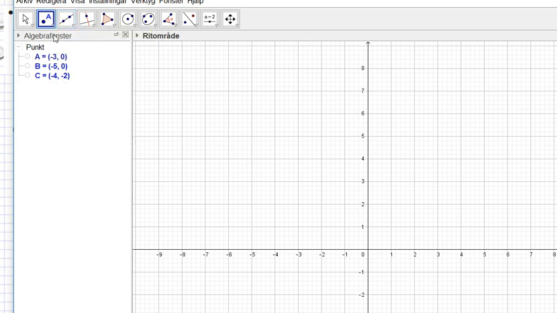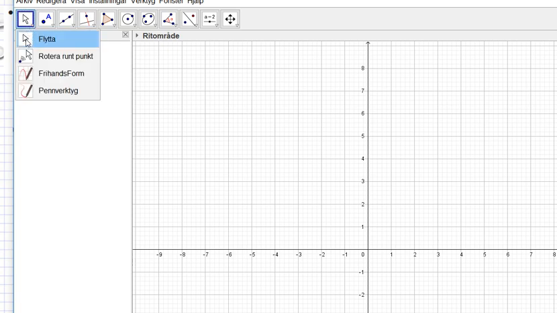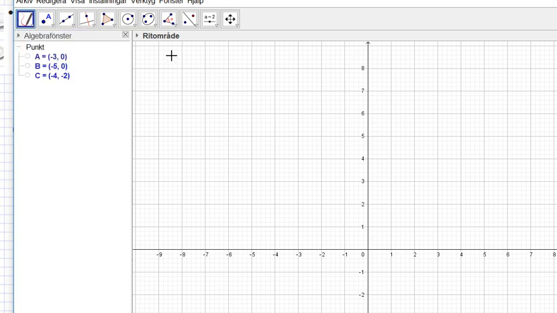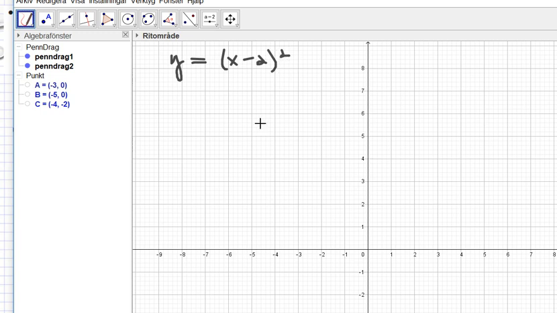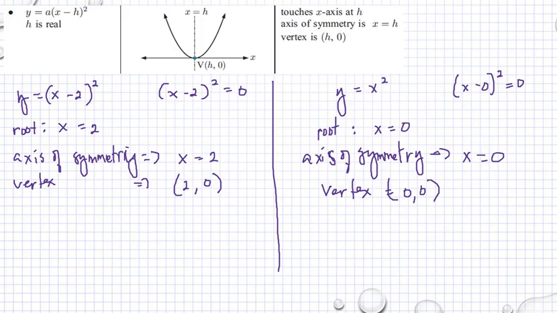I will just write my function here: y is equal to (x minus 2) squared. And then we know that our axis of symmetry, our root, is 2. Then we can put a pointer. There you go. And that is also our axis of symmetry, and that is also our vertex. All at once.